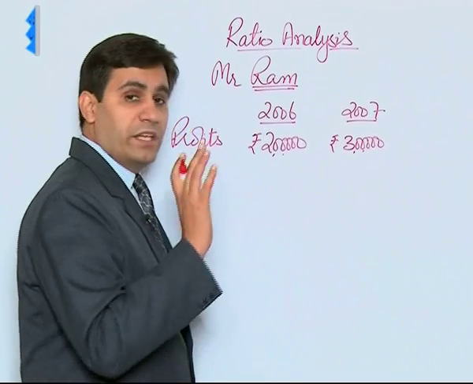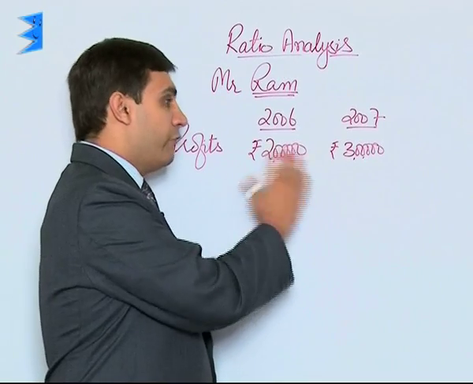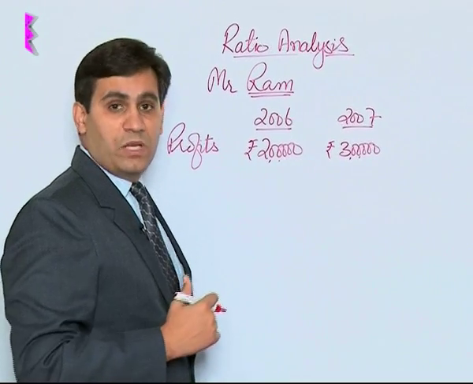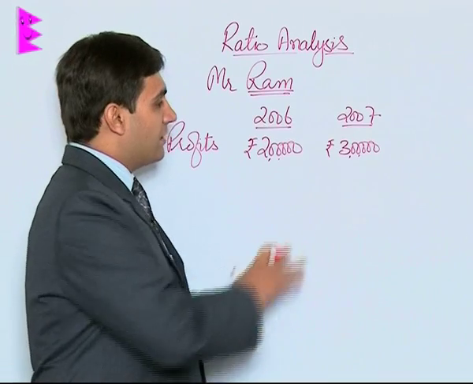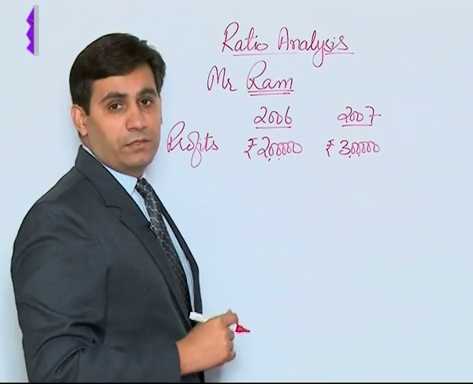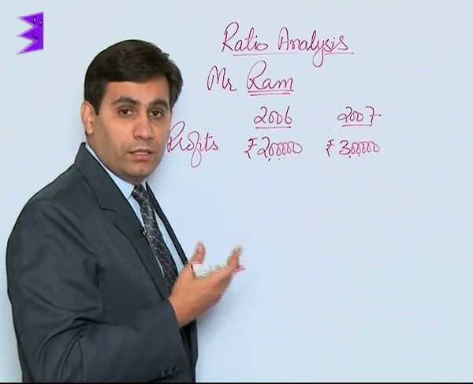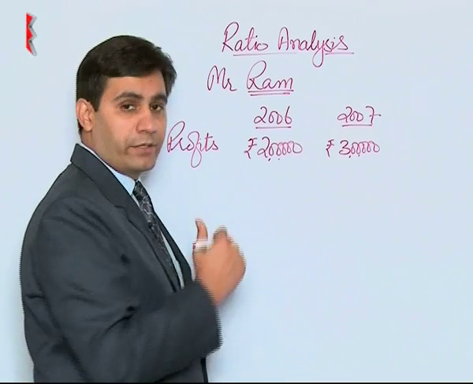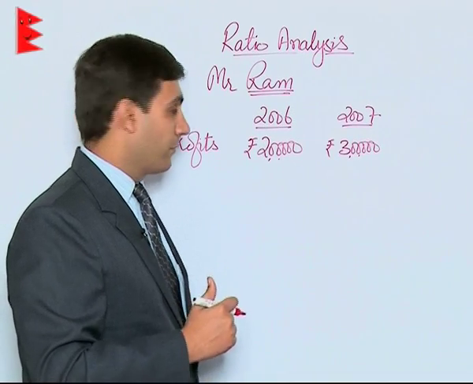So now students, if somebody asks you which year was better comparing the net profits, by just looking at this figure we can say that year 2007 has been better. Why? Because the profits are higher. Obviously we are ignoring the price level changes.